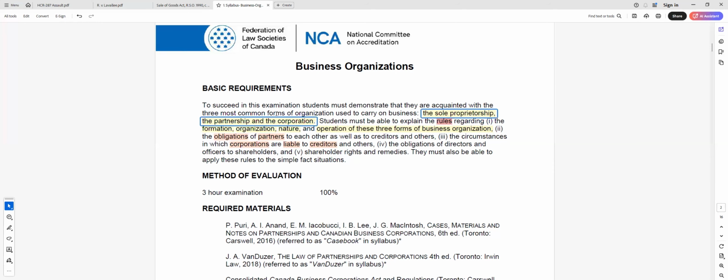But in a corporation there will be members; the owners of the corporation are called shareholders, and the people who run it are called directors. So there will be different people and shareholders. What is their obligation, how much are they liable to the creditors, are they supposed to pay from their own pocket, will personal assets be touched? Mostly not, unless they have personally given a guarantee. And the corporation, as I said, is a separate legal entity.